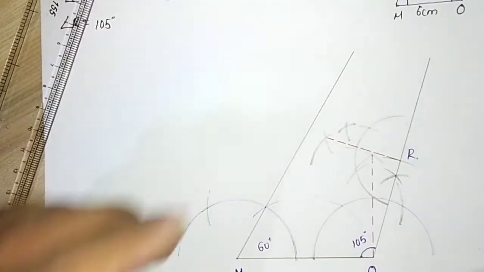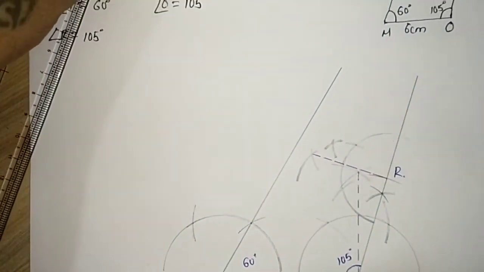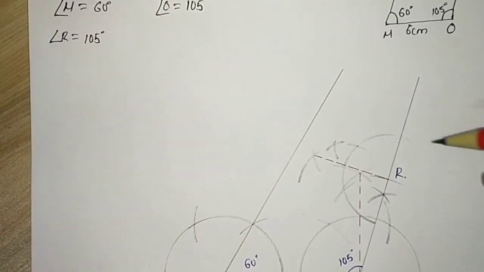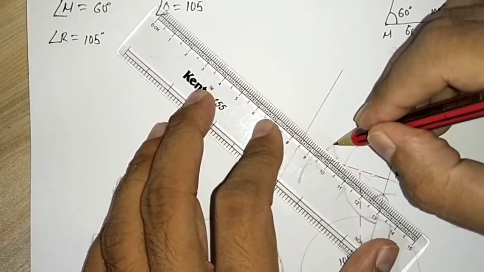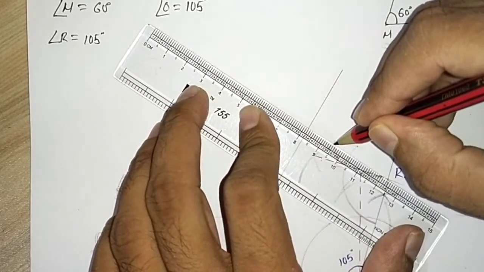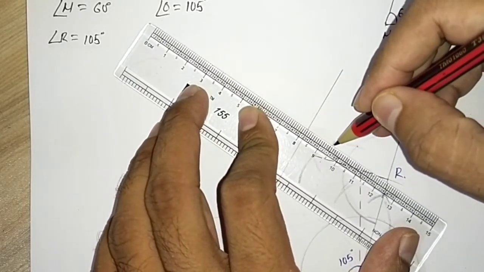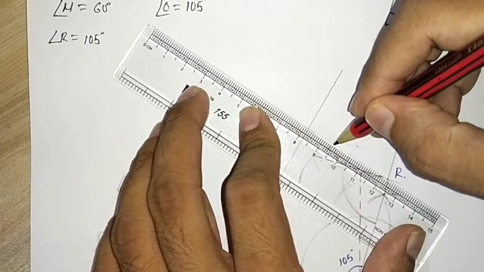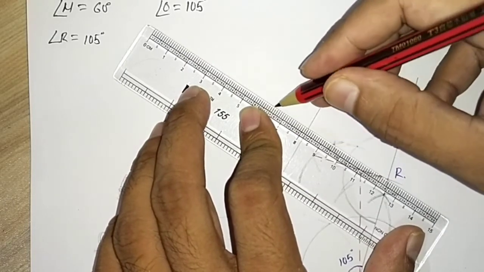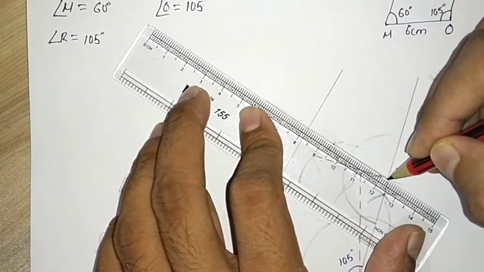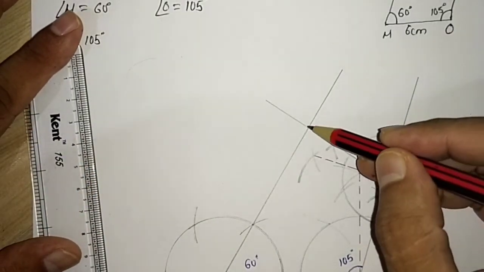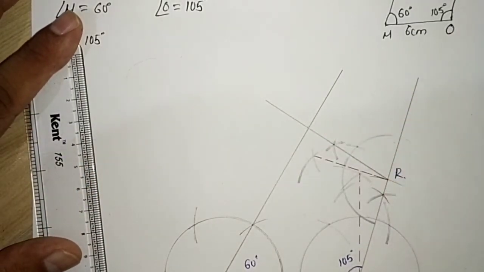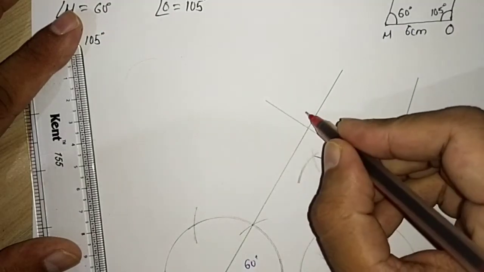It will give us 105 degree. Join point R to that point of intersection, and it will also intersect this line. And where this point intersects the previous line, it will be our point E.